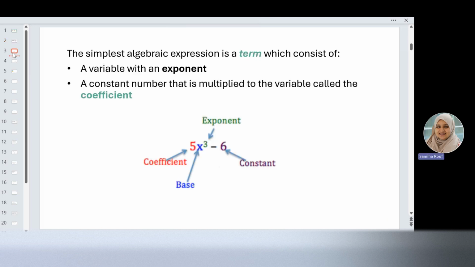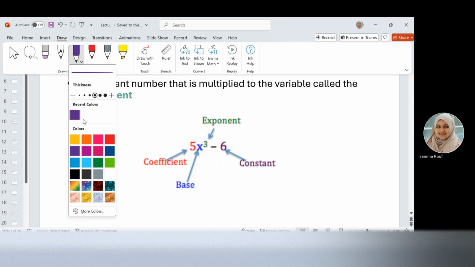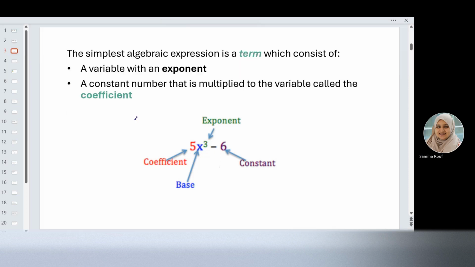Now, in algebraic expressions, the simplest piece of the algebraic expression is the term. A term has a few components.